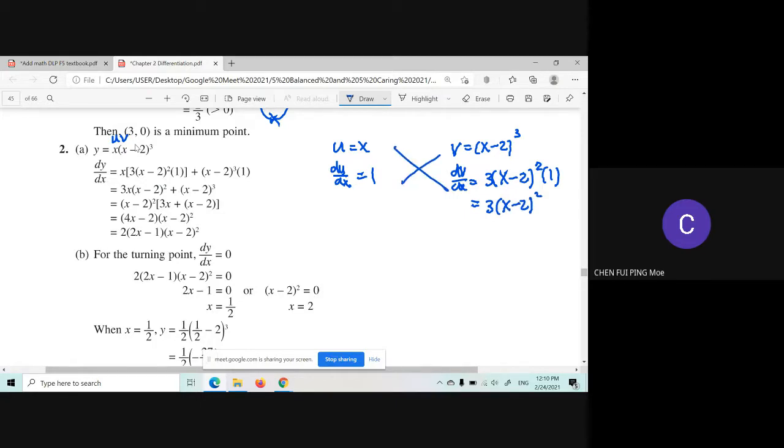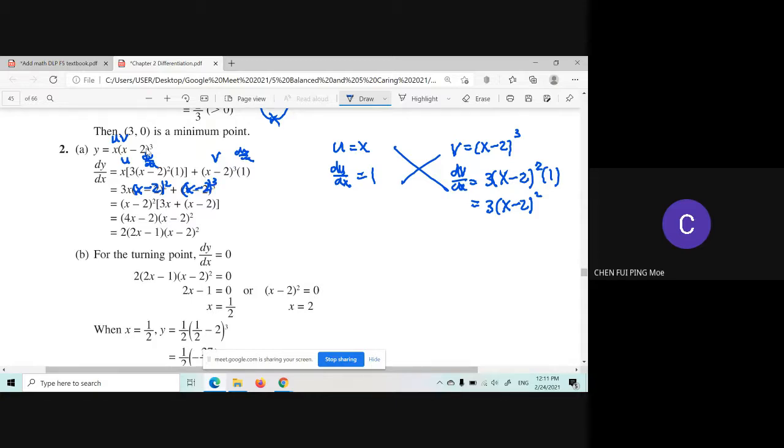So do cross multiplication. So this is your u. This one is dv over dx. This is v. This is du dx. Next step, just rearrange. So have 3x and then x minus 2 power 2 plus x minus 2 power 3. So this one, you need to do factorization. So previously, I recall back, I request you to rearrange become number x and then bracket, right?